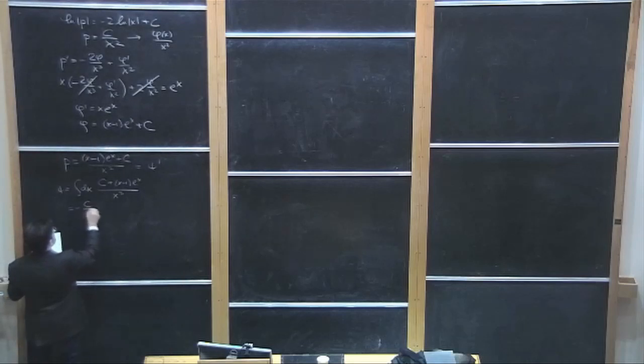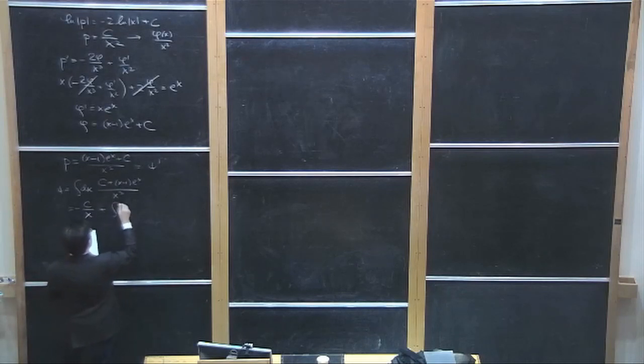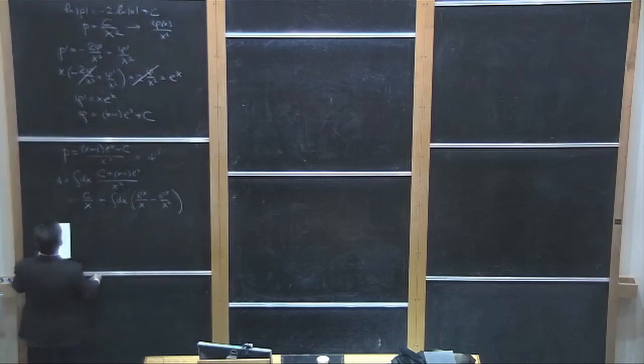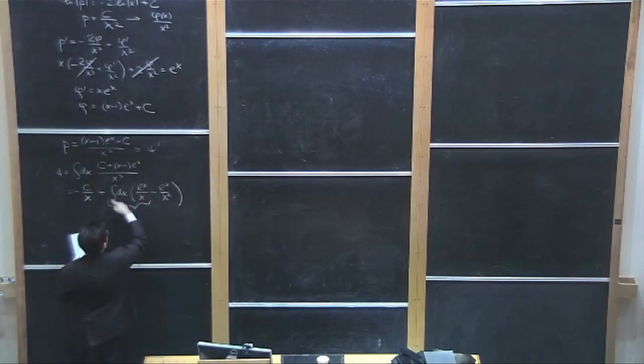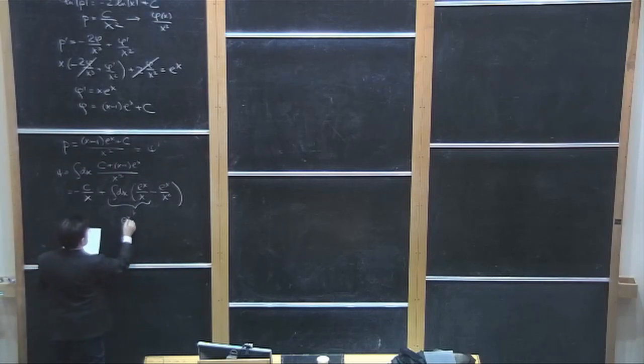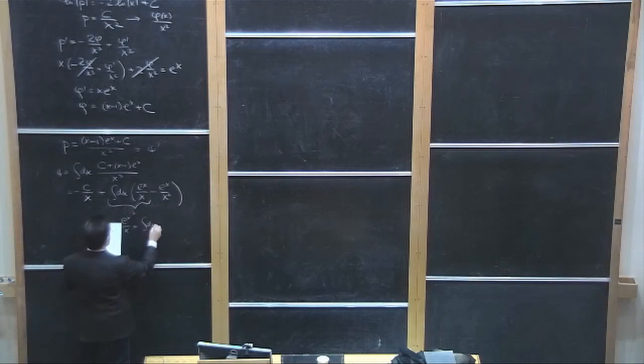This is minus c over x, that's this term, plus, and here's a nice integration trick, e to the x over x minus e to the x over x squared. The way you integrate this is you notice that the first term we can integrate by parts, and that gives us e to the x over x plus the integral dx of e to the x over x squared plus some other constant.